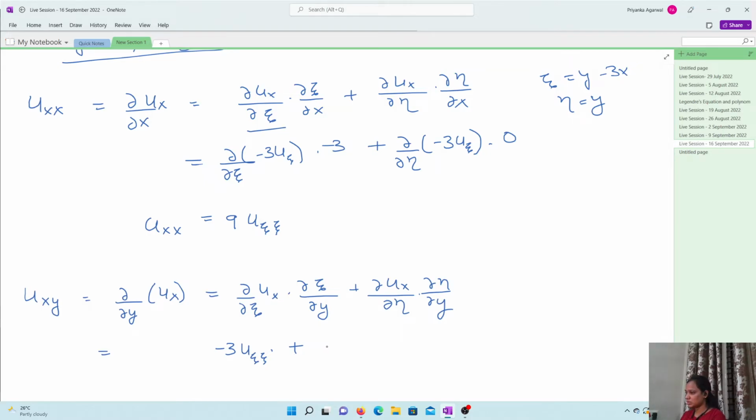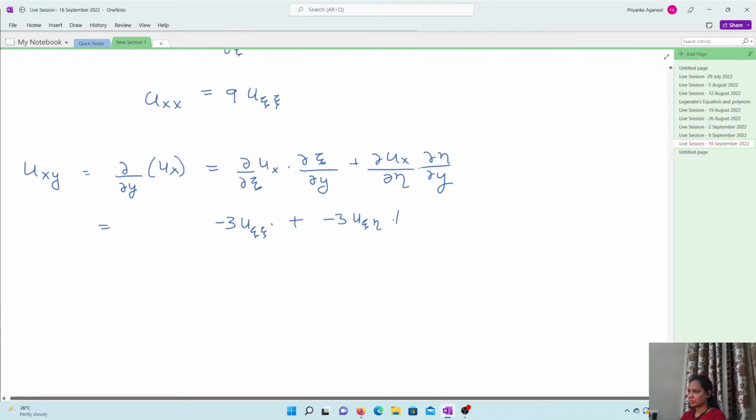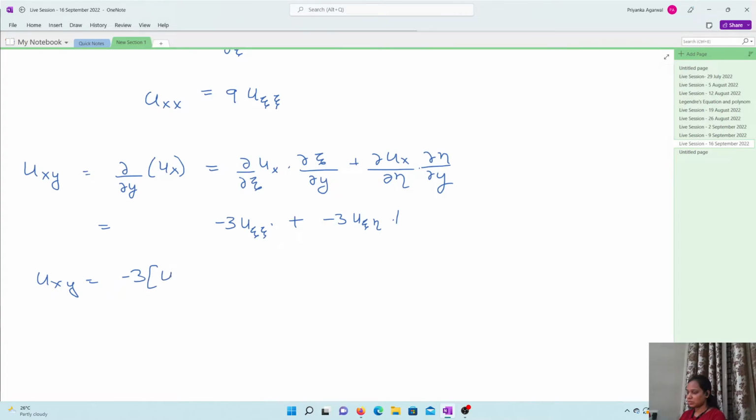This becomes minus 3 u xi eta into del eta over del y is 1. So uxy becomes minus 3 u xi xi plus u xi eta.